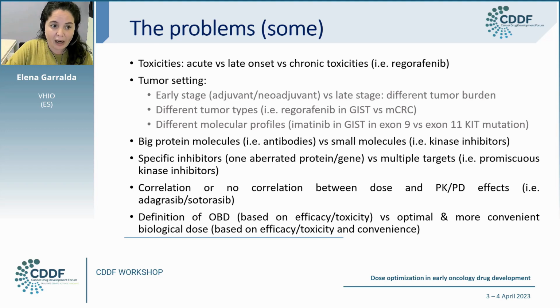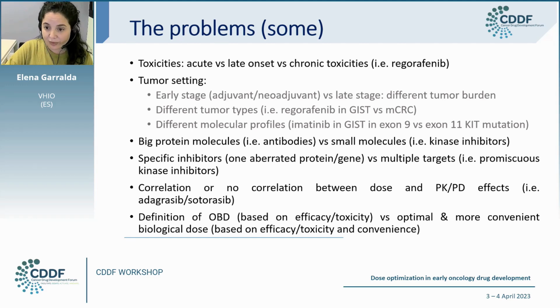We now know that with the new types of drugs, we're going to have different patterns of toxicities. It's not going to be the same pattern of toxicities that we had with chemotherapy, where they were all very acute. Here we're going to have acute, but we're also going to have late onset and also chronic toxicities, particularly with the molecularly targeted agents.